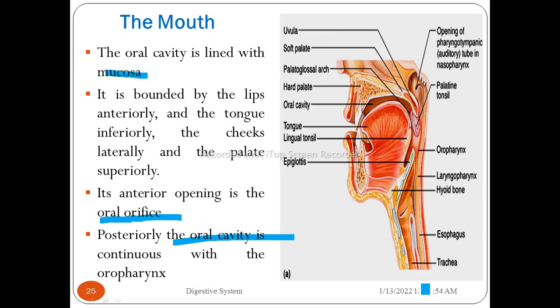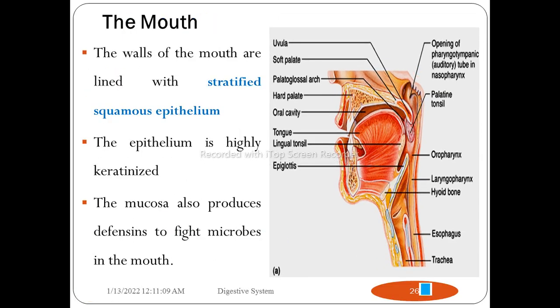So these are the structures found around the mouth. The walls of the mouth are lined with stratified squamous epithelium, so the mouth can withstand abrasion and scratching because of the stratified nature of the epithelium. Stratified squamous epithelium is found in the mouth and also around the vagina, in the mucosa of the vagina.